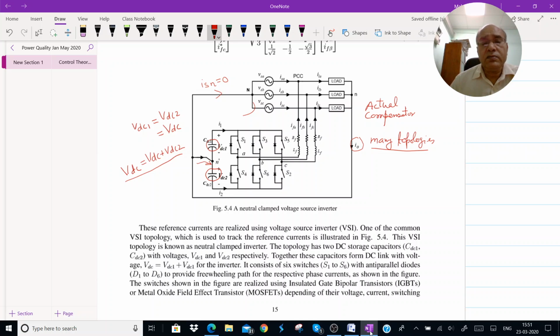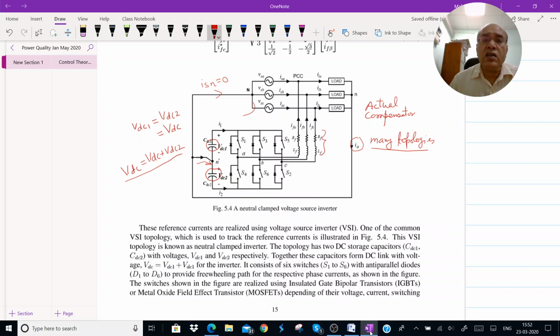Now this is the standard inverter topology. You can see this is S1, S3 and S5, S4, S6 and S2. Similarly, we have diodes D1, D3 and D5, and D4, D6 and D2 respectively for the legs A, B and C. Here you have an inductance. That inductance is called interface inductance, which connects the midpoint of these legs to the point of common coupling.